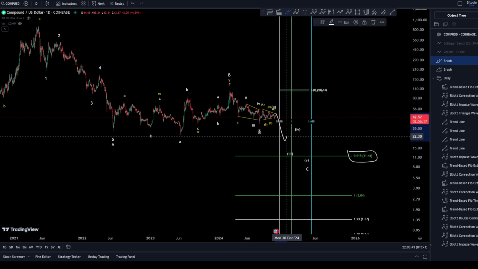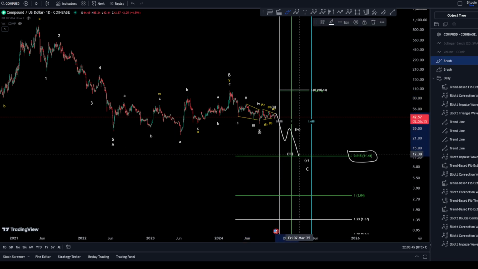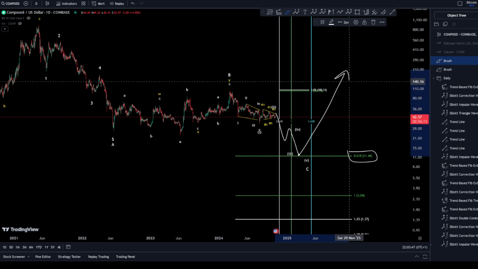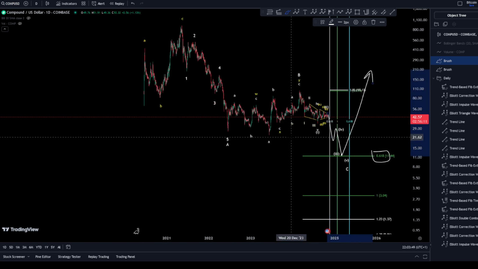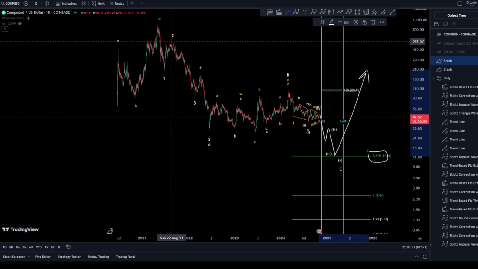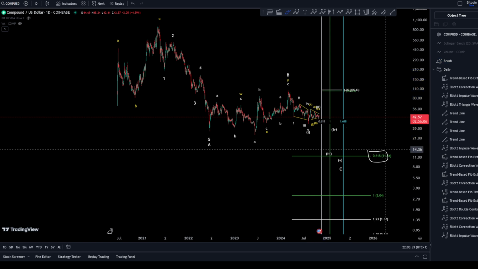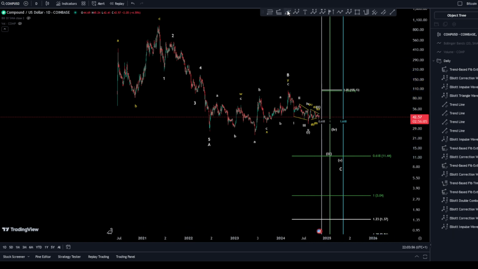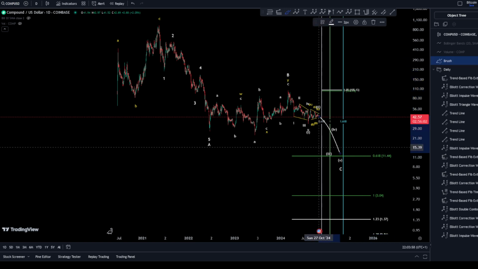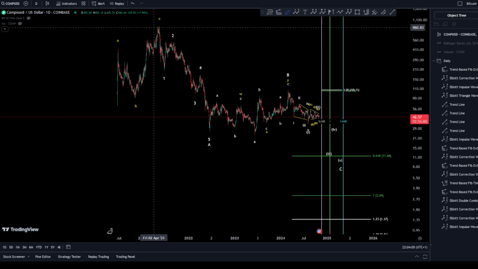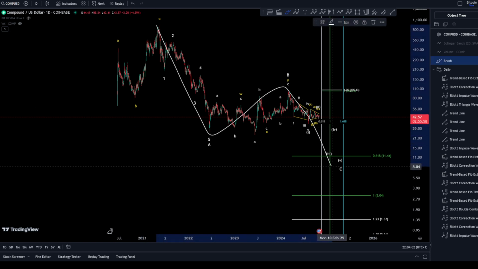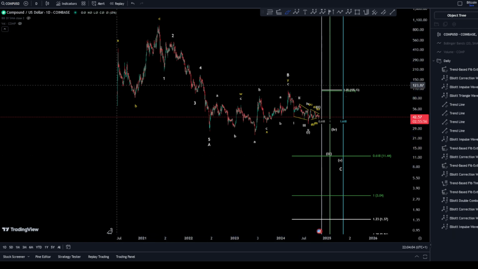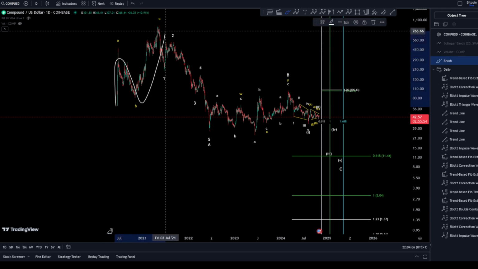So it's going to be an impulse, then a correction, and another small impulse finished, and then move up again to finish this structure as ABC. Now it is not even yet clear what it's going to do, because previously you have 3 waves up here, okay?